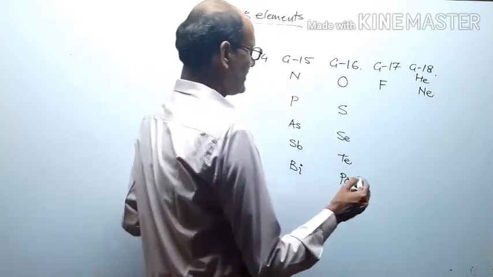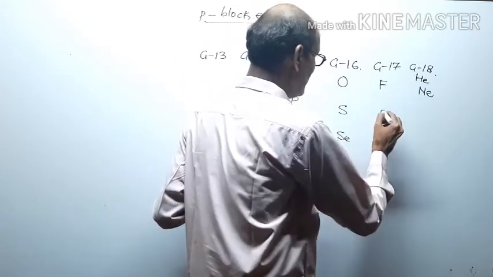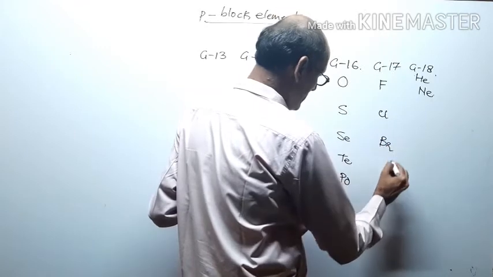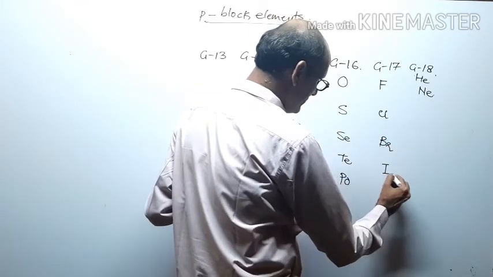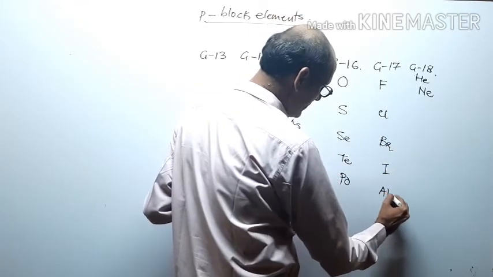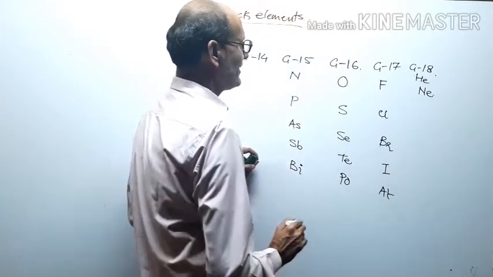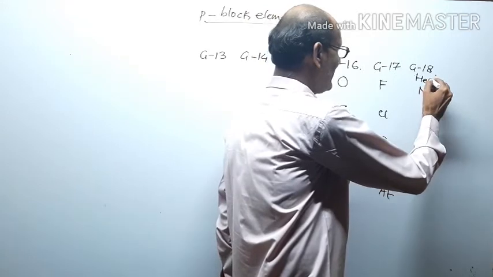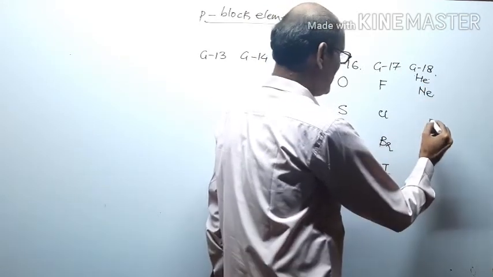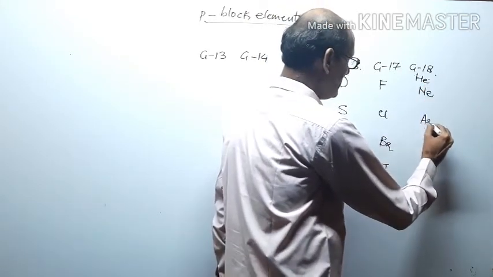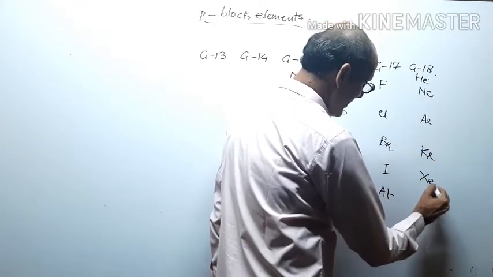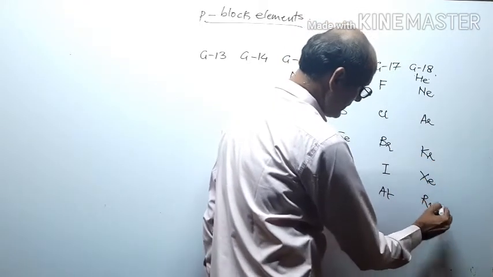Now the group 17 elements: fluorine, chlorine, bromine, iodine and astatine. These are the 5 elements. And in group 18: helium, neon, argon, krypton, xenon and radon.